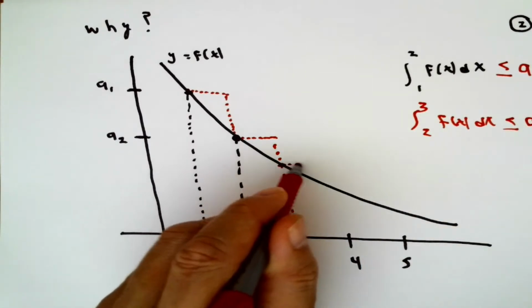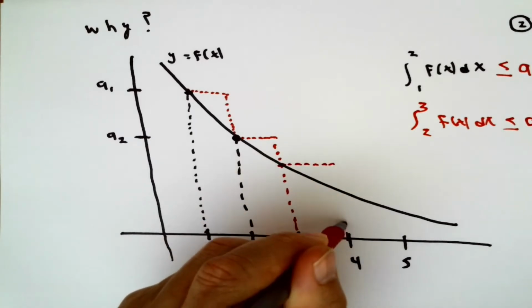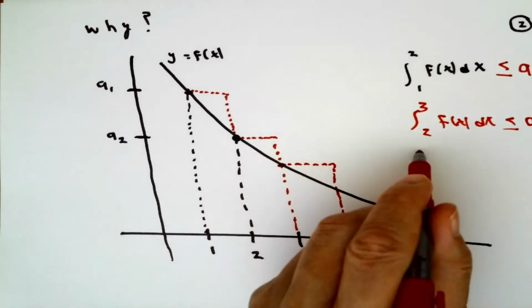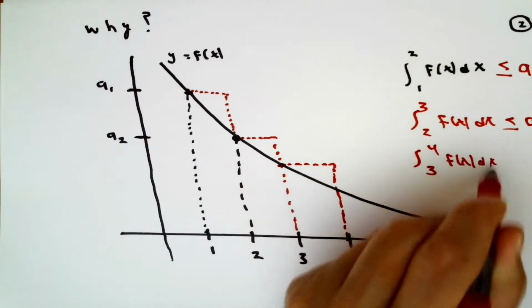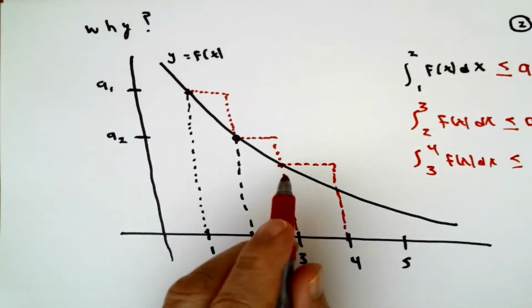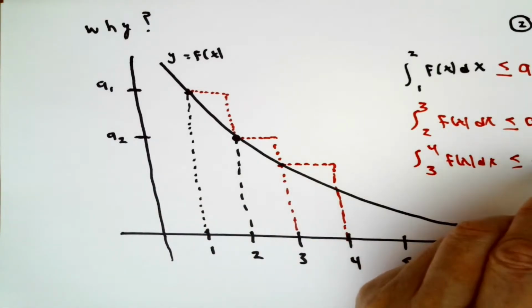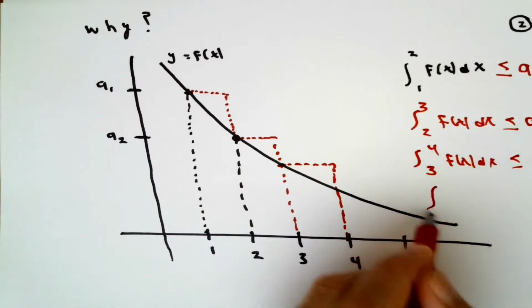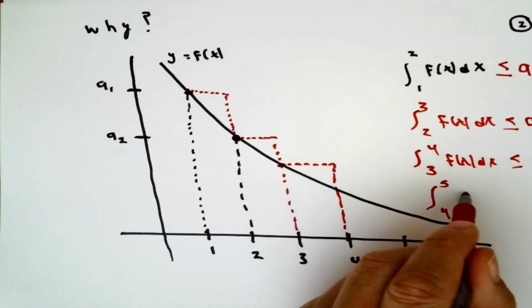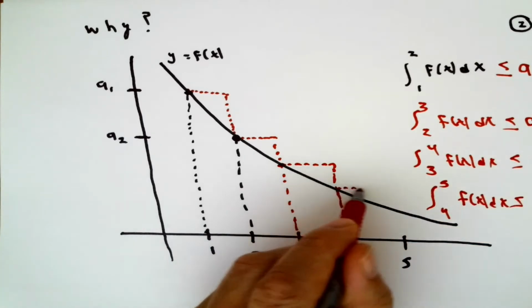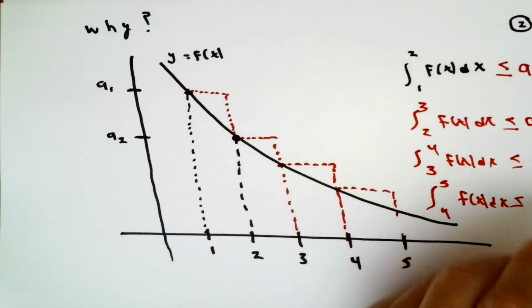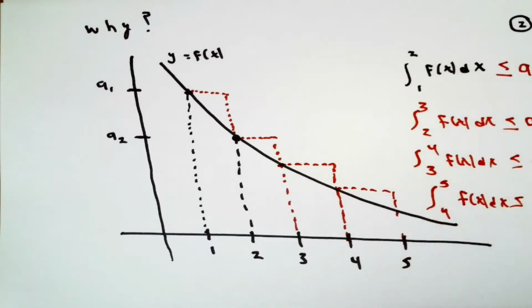Repeating, the integral from 3 to 4 of f of x dx is no more than a_3. The integral from 4 to 5 of f of x dx is no more than a_4, and it should be clear as to the pattern that's developing.